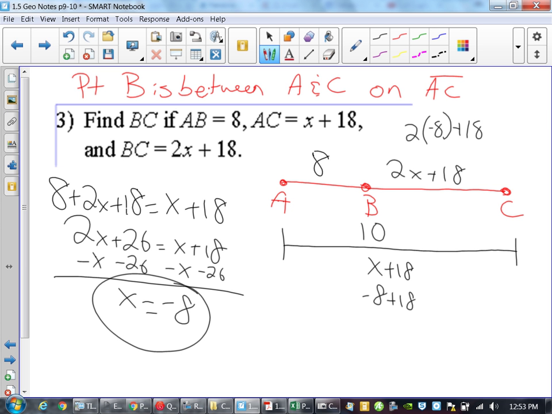Well, that's negative 16. What's negative 16 and 18? 2. So it is okay that you get a negative for an x, but it's not the segment itself that's negative. Does that make sense? Because you can't measure a negative distance, but you can have a negative x.